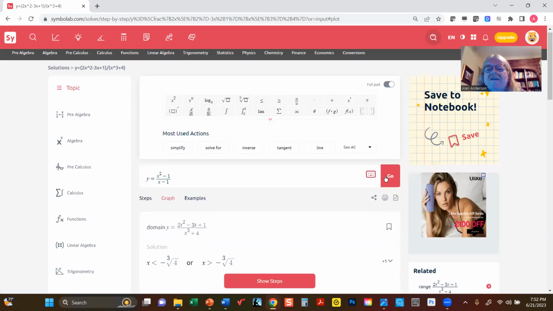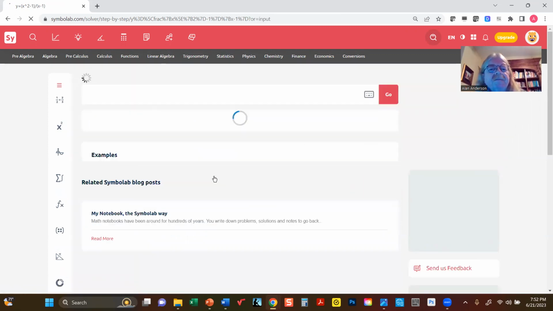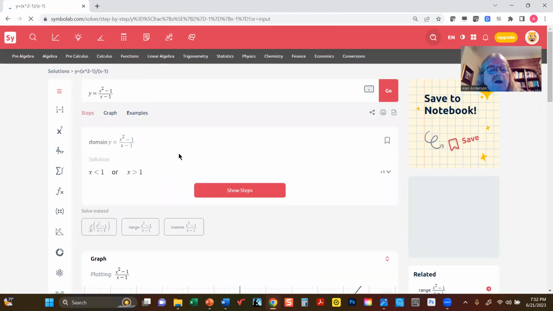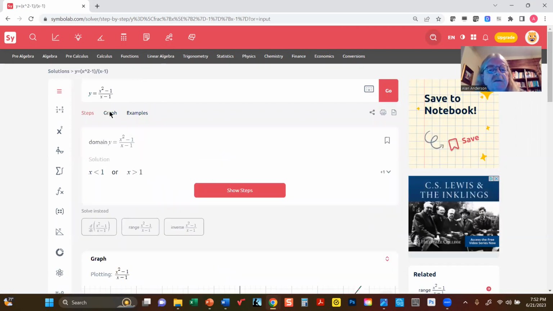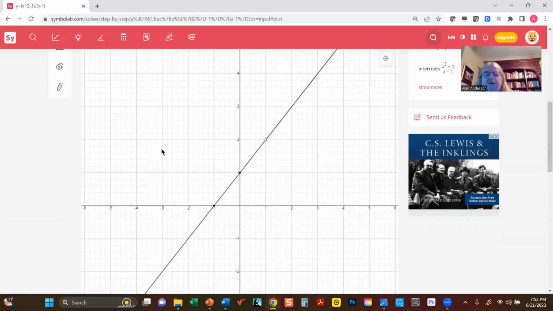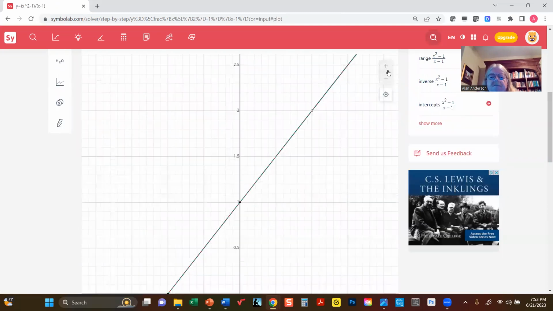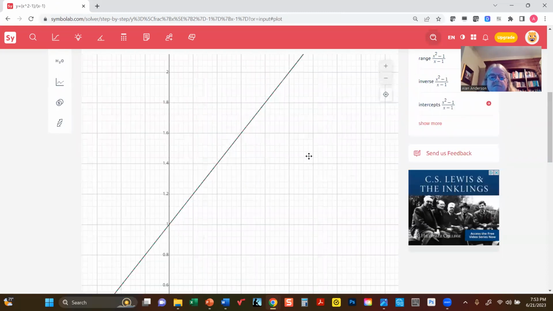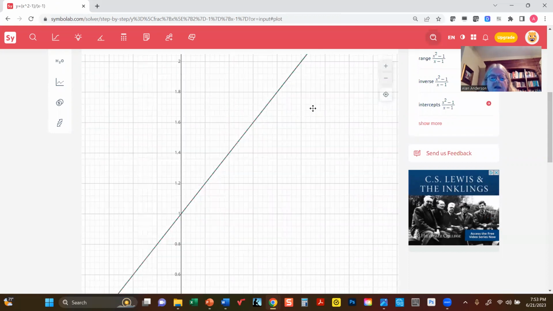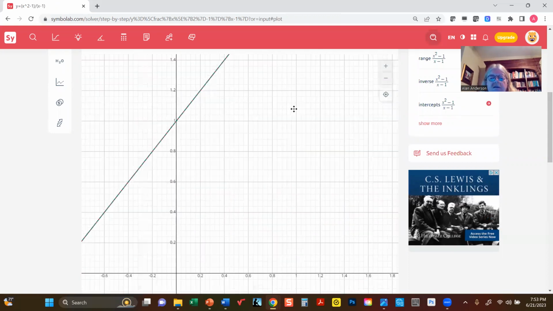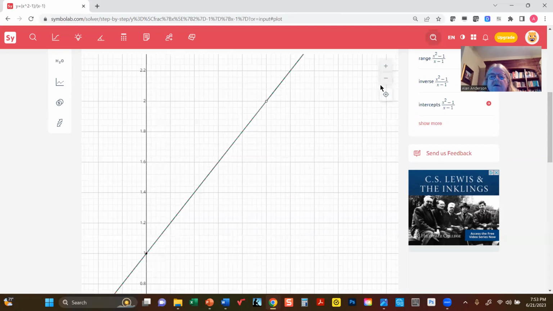You always have to hit the go button so it understands that this is the function that we're talking about now. So, yeah, there we go. So the point of interest here, we're trying to find the limit as x goes to 1. Now, what do you notice here?